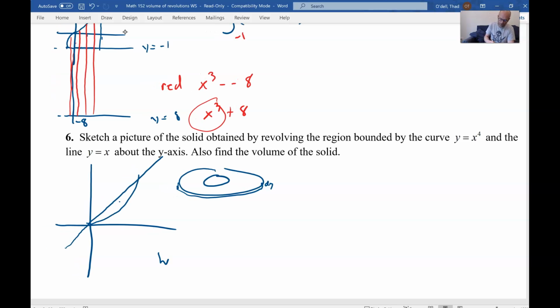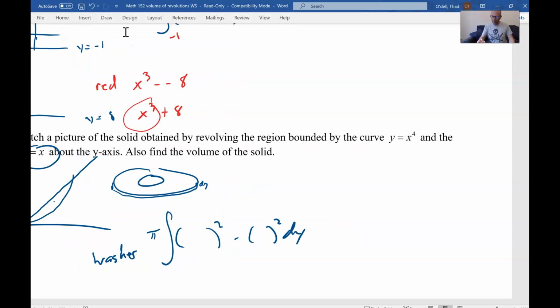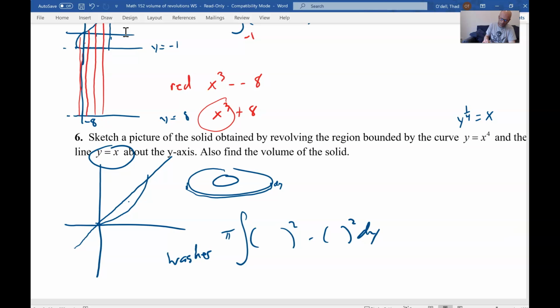So if we're using the washer method, we would do pi times big R minus little r dy, which means we're going to have to change everything. Of course, that's easy to tell, but that means we need to know that this is also equal to y to the 1/4 power. That's the same equation, right? So if I'm looking at the coordinates of certain points on these lines, we'd have to know that.